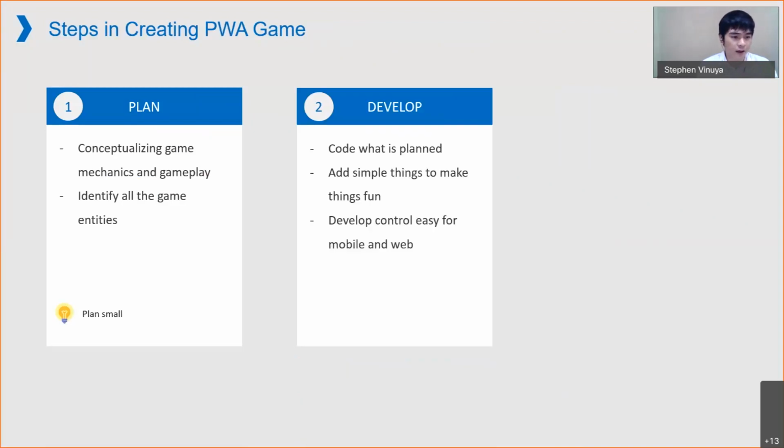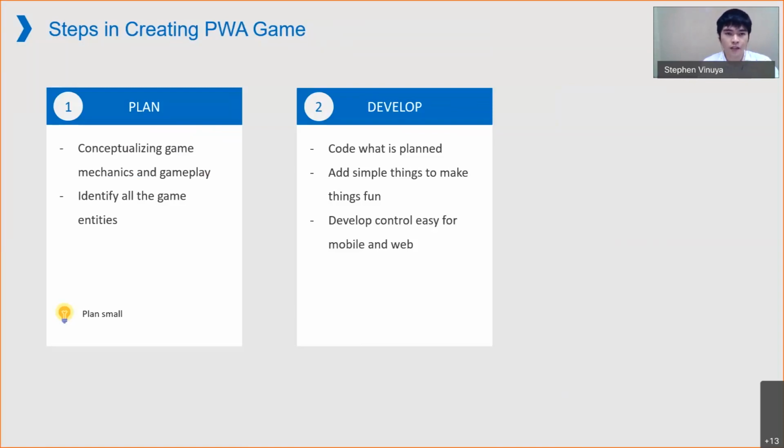Next, of course, after planning, you should develop your game and code what you have planned in mind. During development, if you see something worth adding that makes the game fun, you should add it. And you should develop controls that are easy for web and mobile.